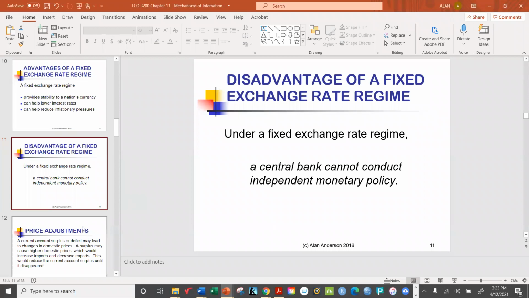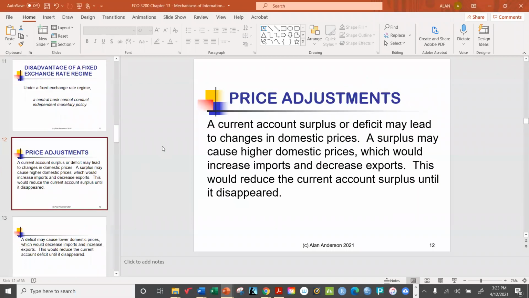And so we're going to look at this concept of price adjustments. So under this, what we're seeing here is the idea that a current account surplus or deficit may actually lead to changes in domestic prices. A surplus may actually lead to higher domestic prices because the demand for that country's products is so strong, but that would help increase imports and decrease exports so that the current account surplus would start to disappear as this happens.